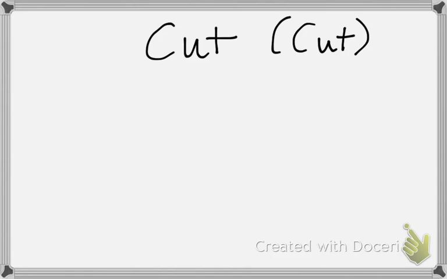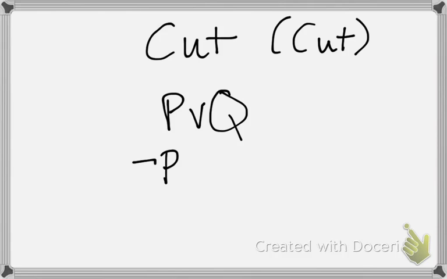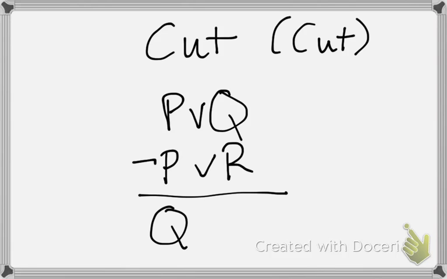So the way the rule of cut works is if you have some disjunction, and then you have another disjunction that contains, as the left disjunct of the second statement, the negation of the left disjunct of the first statement, if that makes sense. If you see what I'm saying. Then you can create a disjunction out of the two remaining disjuncts of your argument.